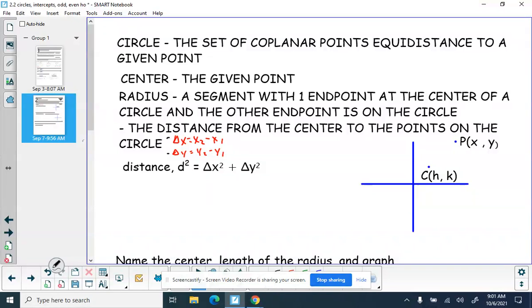Well, if I take a look at a circle, here, okay, I have some point x, y, and I have a center. This is my center. There's my egg.